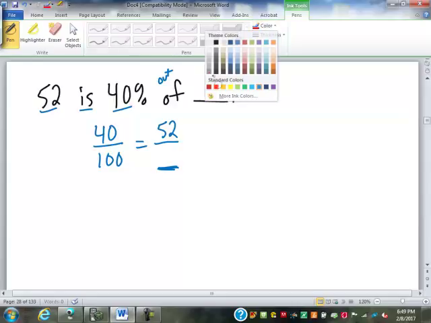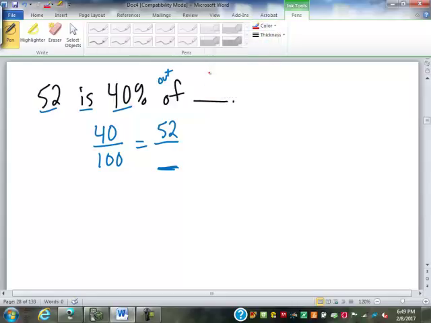Now you'll notice, even though the numbers are in different locations, the process is still going to be the same. It is cross multiply. 100 times 52 is 5200. And divide by the other number, the 40. Divided by 40 is 130. So 52 is 40% of 130.